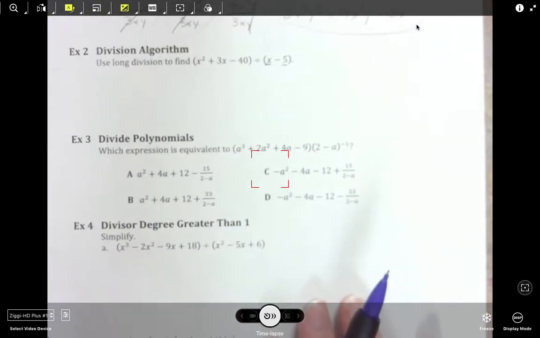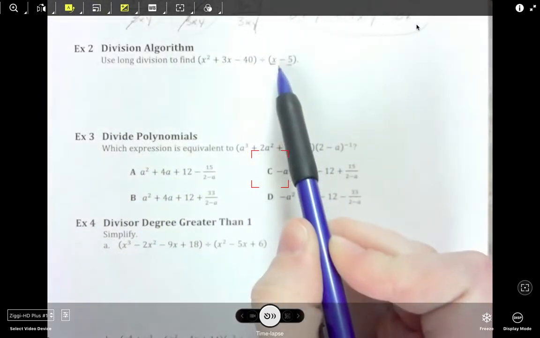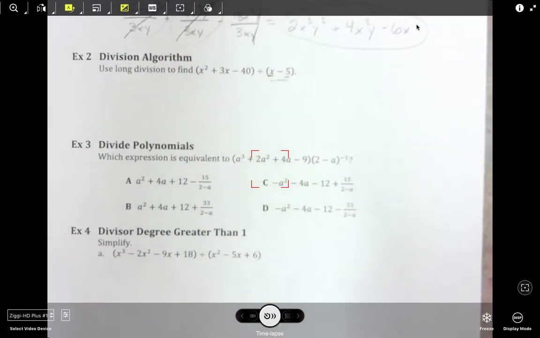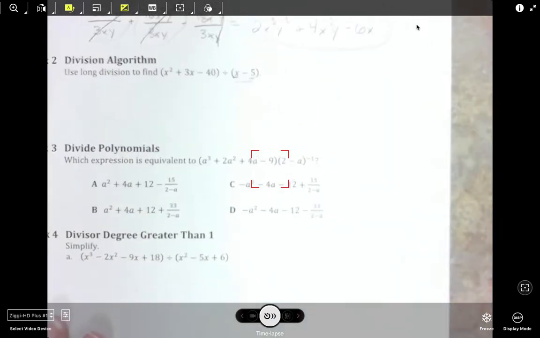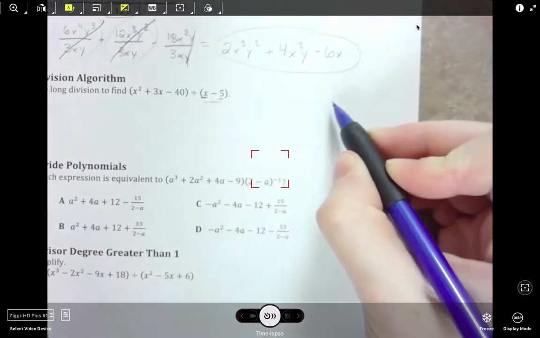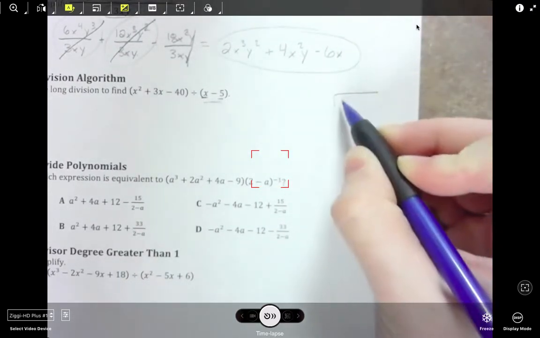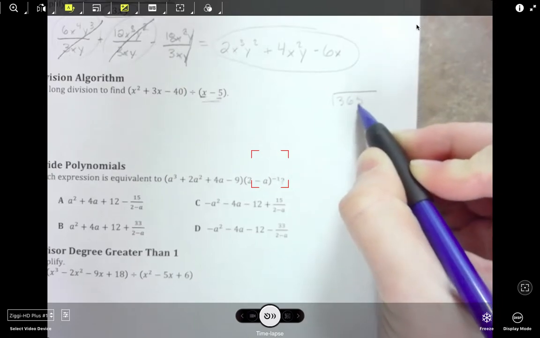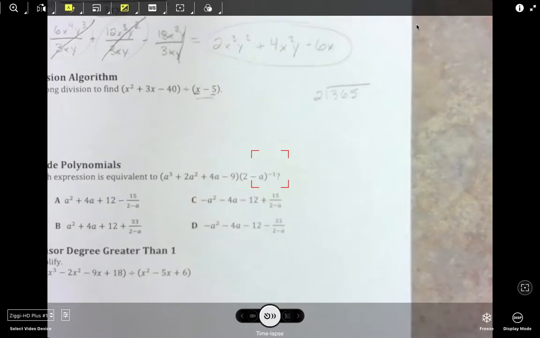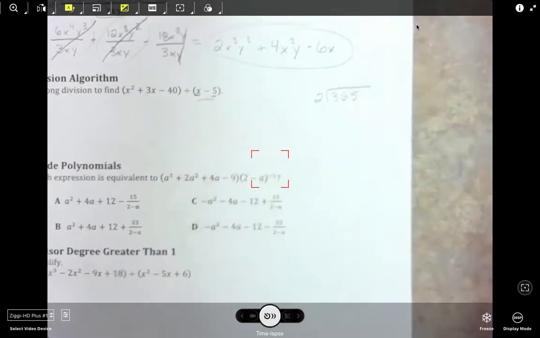Now, when we get down into long division using binomials, this is where true long division comes into play. If I would give you the example, let's say we are dividing 365 divided by 2. Now, we know that 2 doesn't go in there evenly, but here's what long division would look like.